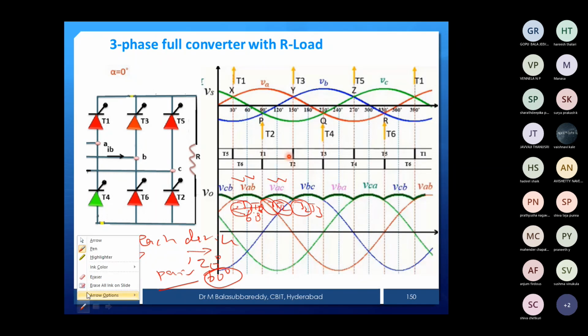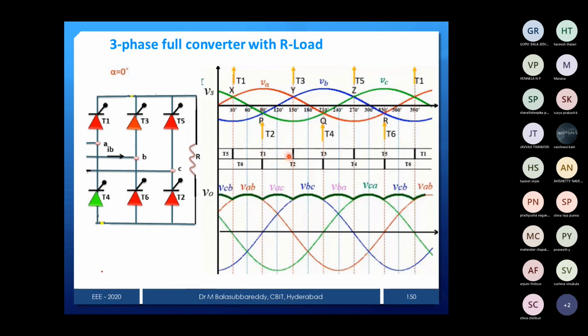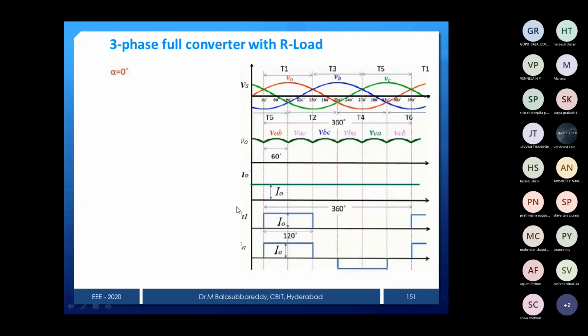Now what next? We identified the crossovers, then we provided the firing pulses, then this is the line to line voltage. By shifting 30 degrees, again you redraw the 3-phase supply and make it positive to negative, negative to positive. We'll get all 6 line to line voltages. And now you can see the currents also. So this is alpha equal to 0 degrees.